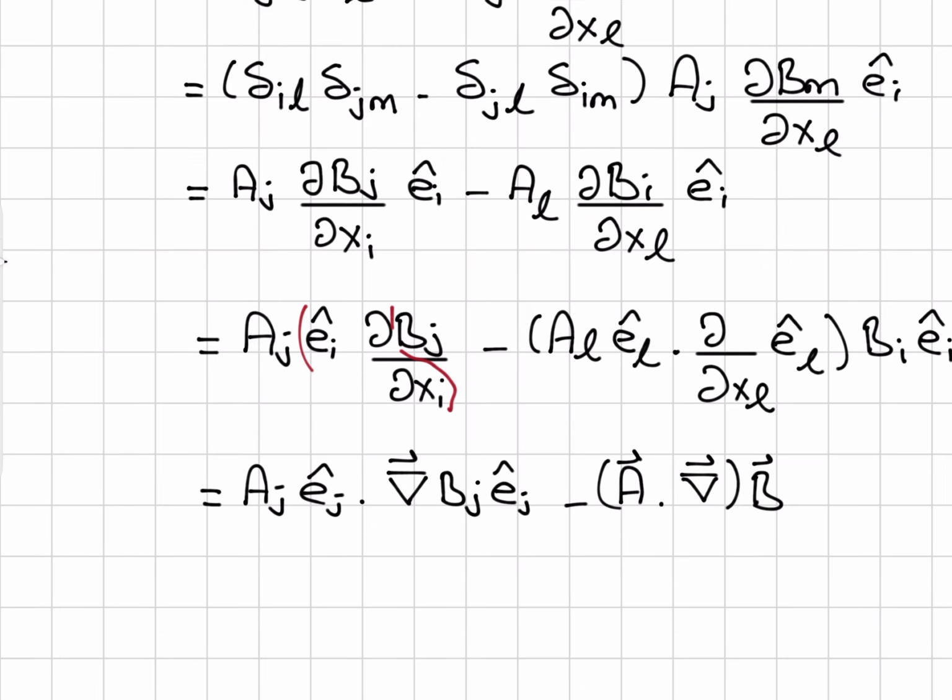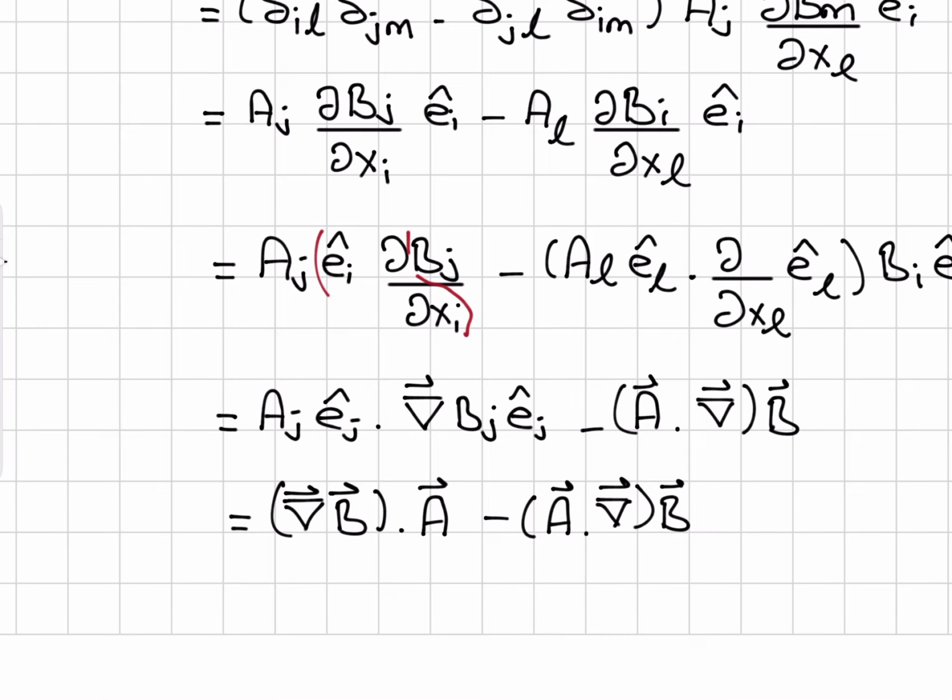Now I can recognize this part: gradient operator, del operator acting on vector B dot product with A, minus A dot product with gradient acting on B. Now you have to recognize that this is a gradient operator acting on vector B. There is another way to write this.